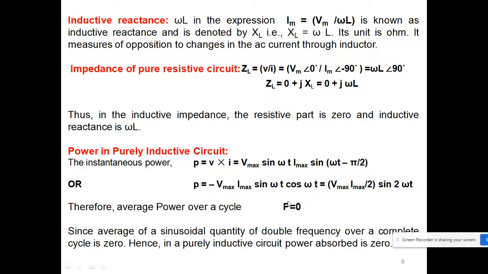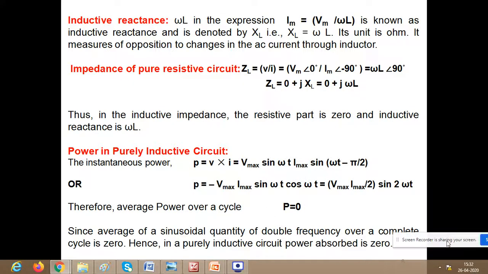From this we can write 1 upon 2 sine 2 omega t. And if I again take the average of this, then for a complete cycle it becomes equal to 0. Is it okay? So this becomes equal to 0.